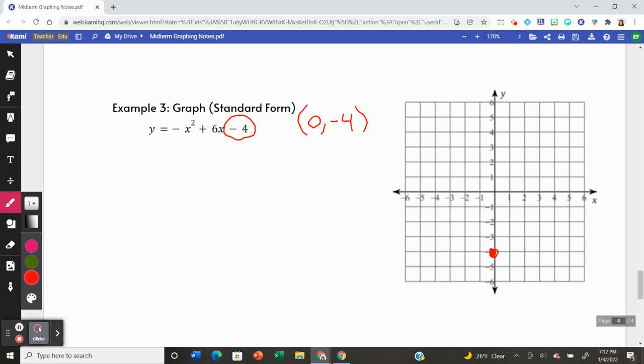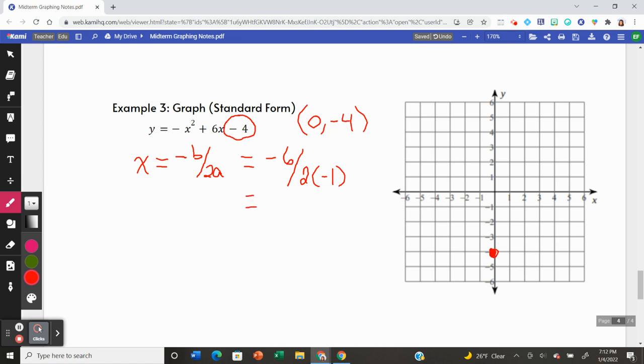Okay. So in order to figure out the vertex from here, the x-coordinate of the vertex, where the axis of symmetry is located, is at negative b over 2a. So our b value here is 6, and our a value is negative 1.